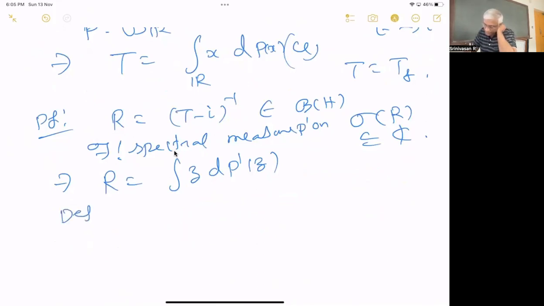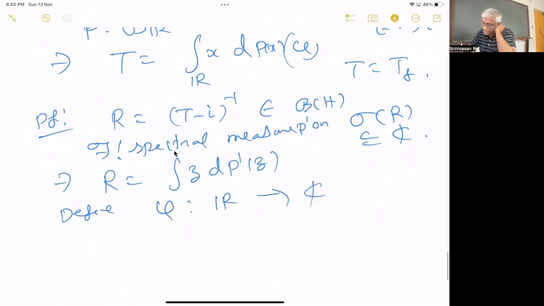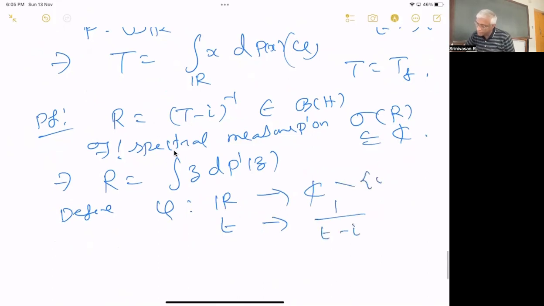Now define phi from R to C by t going to 1 over (t minus i). Maybe I remove i. I mean, it doesn't matter. You can use i also. Okay, let me take this i also.